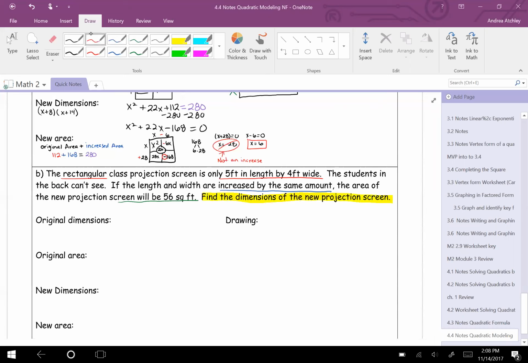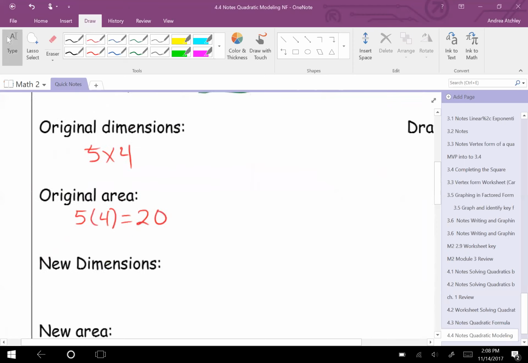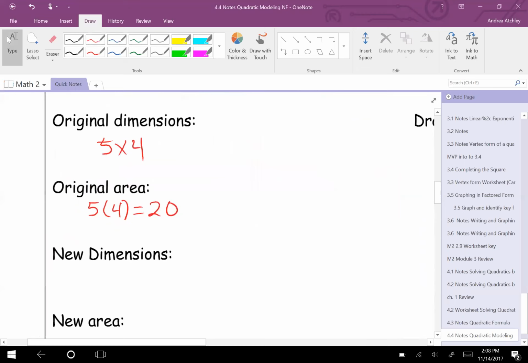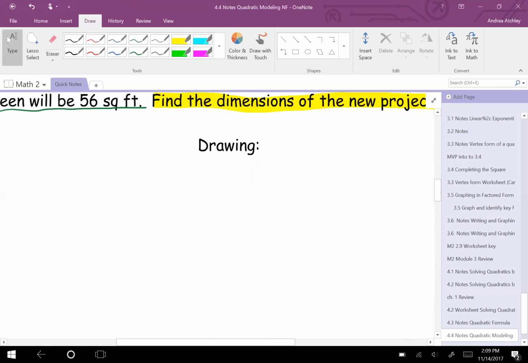Okay, so our original dimensions are 5 by 4. The original area then is 5 times 4, which is 20. Now we're going to draw our picture to find the new dimensions. I'm going to draw my screen, and it is 5 by 4.